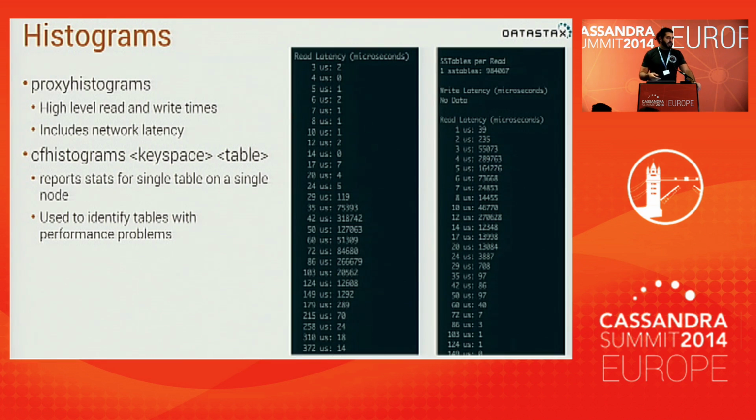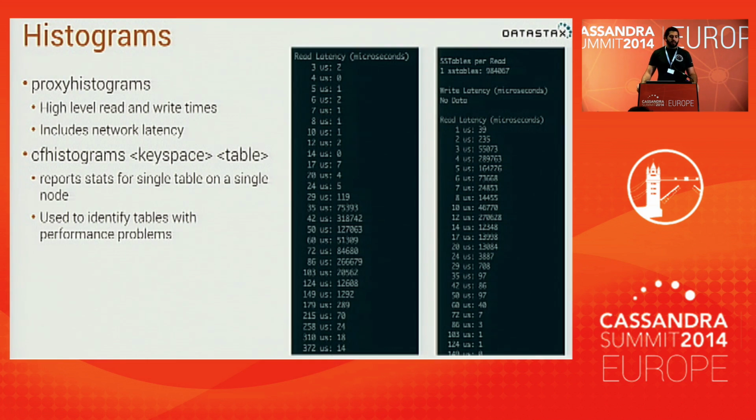And this is actually going to take into account all the network time. It's the full time to execute a query. So if other nodes are misbehaving, then proxy histograms will actually have some outliers where the numbers are really high. So it's not useful if you want to determine which node is having a problem, but it's useful to understand, like, are there problems at all?